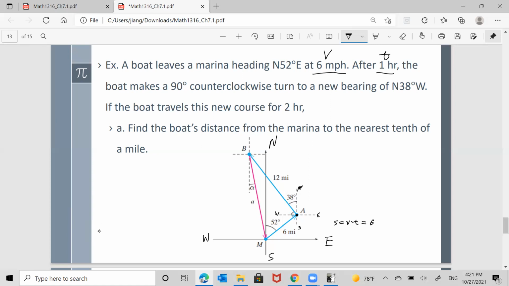So it's going to here, because before it was going in this direction, but a counterclockwise 90 degrees turn makes it go to this direction. And the new bearing is 38 degrees. And here is 90, because from here to here is 90. That means this angle is 90 degrees.